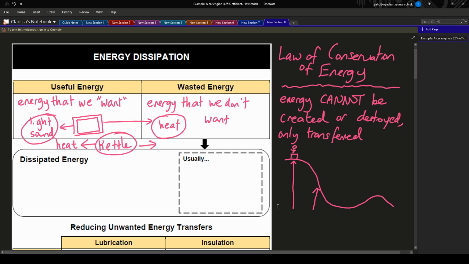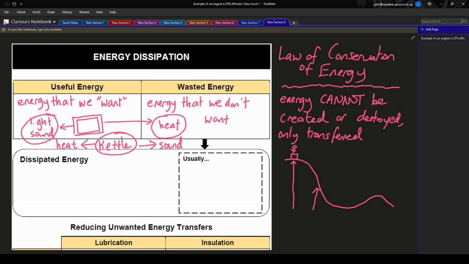Yeah, very good. When you turn the kettle on, it makes a lot of noise, a lot of sound. Well, that sound isn't actually helping with heating up the water to make your cup of tea. So in that case, it's wasted energy. Remember, a lot of it is dependent on that specific example.